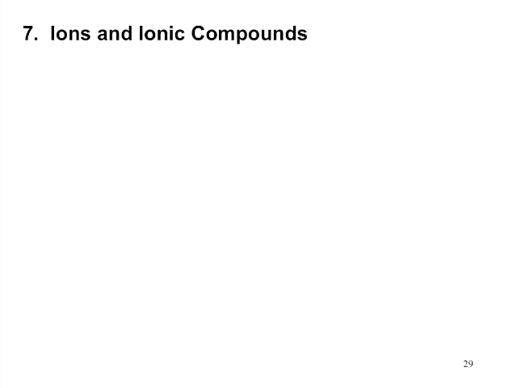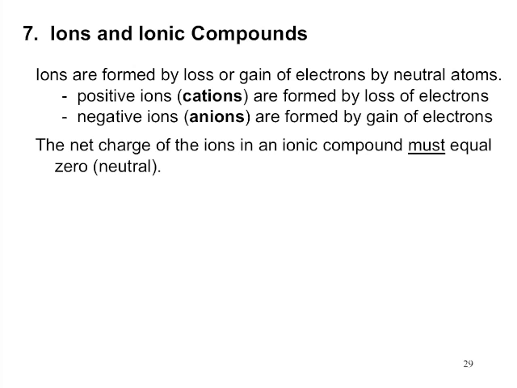All right, so what are the components then of an ionic compound? These are ions. So what are ions? Well, the positively charged ions are called cations. Negatively charged ions are called anions.